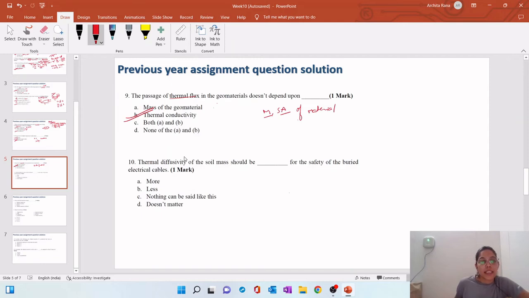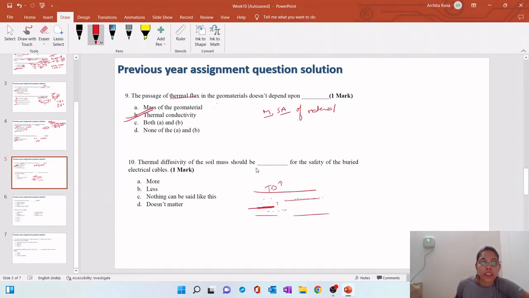Next is thermal diffusivity of a soil mass should be dash for the safety of the buried electric cable. If there are a lot of electric cables beneath the earth's surface, and overheating happens, then if the thermal diffusivity is high, the heat will transmit or diffuse itself to the geomaterial or to the soil, and hence there is less chance of short circuit or any fault in the wiring or in the electrical cable.